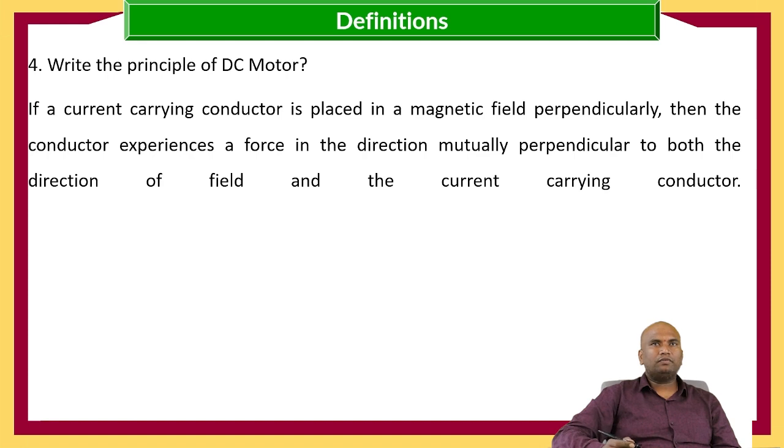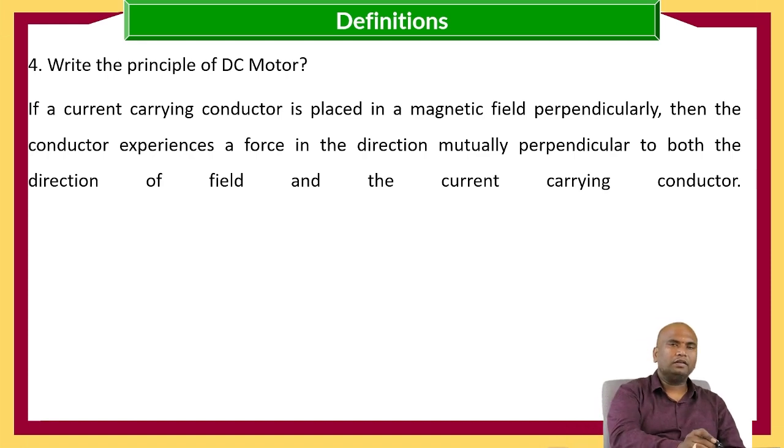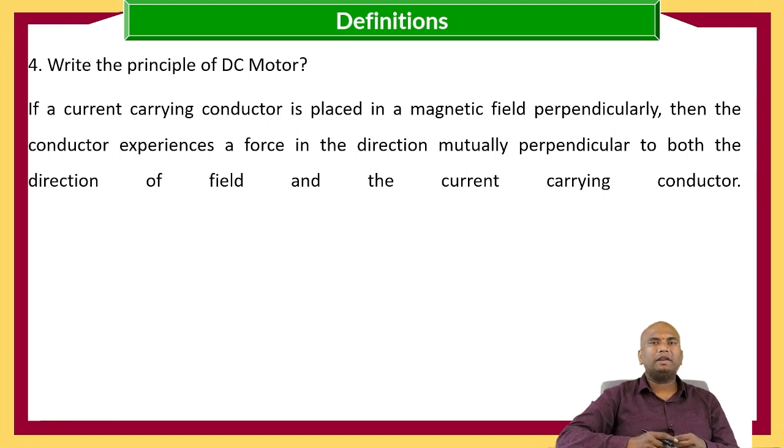Write the principle of DC motor. Here, if a current carrying conductor is placed inside a magnetic field, then the conductor will experience a force in the direction mutually perpendicular to both the direction of field and the current carrying conductor.